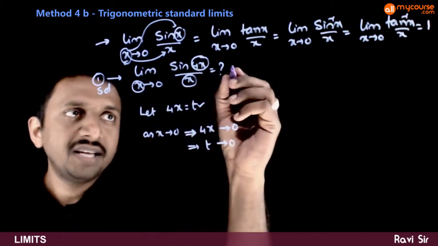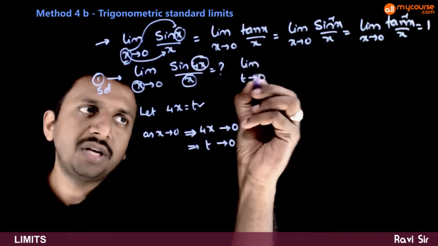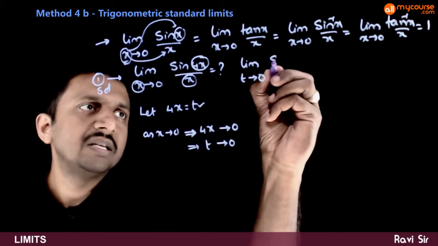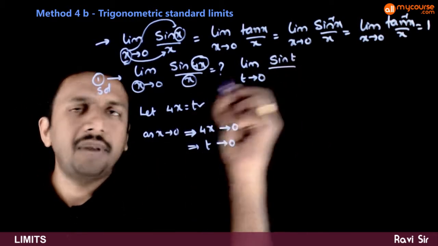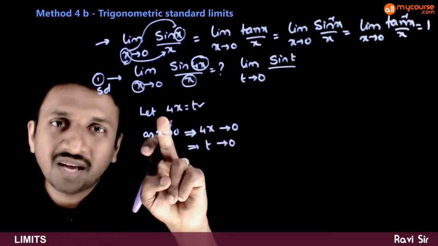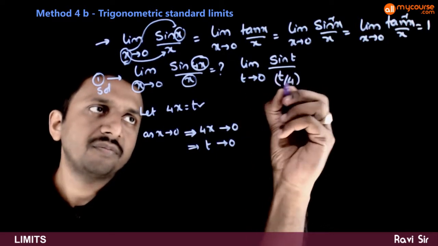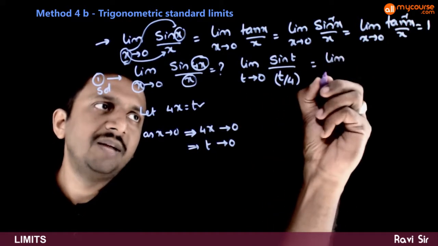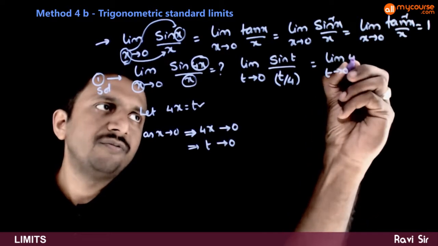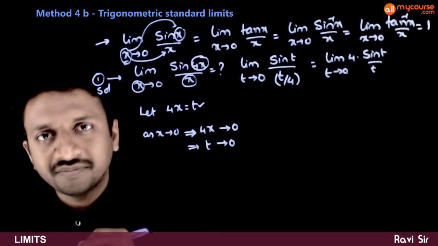So now if I do the substitution in the limit, I get limit t tends to 0, sin of t by, what is x? 4x is equal to t, so x is equal to t by 4. That is equal to limit t tends to 0, 4 times sin t by t.